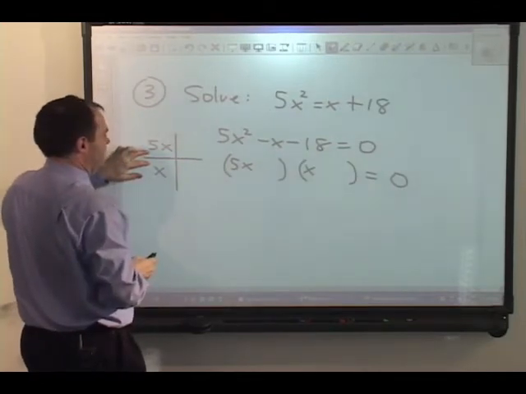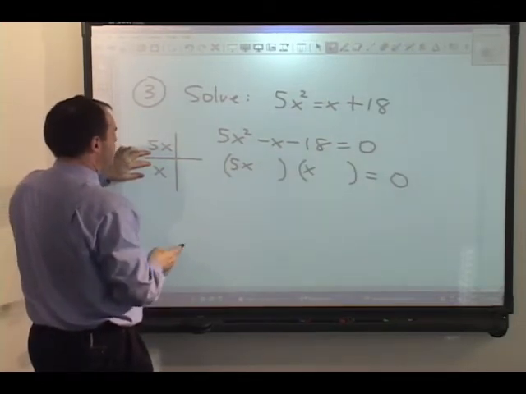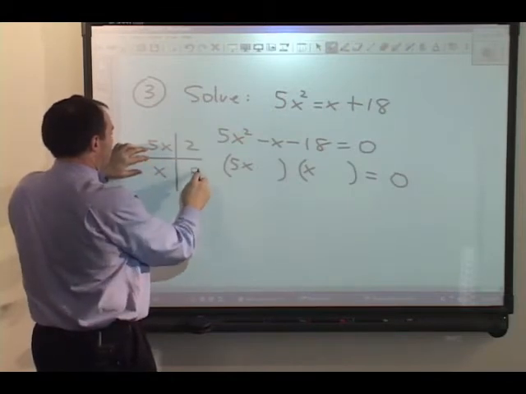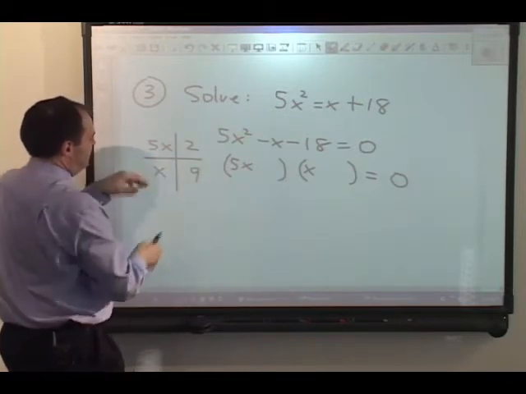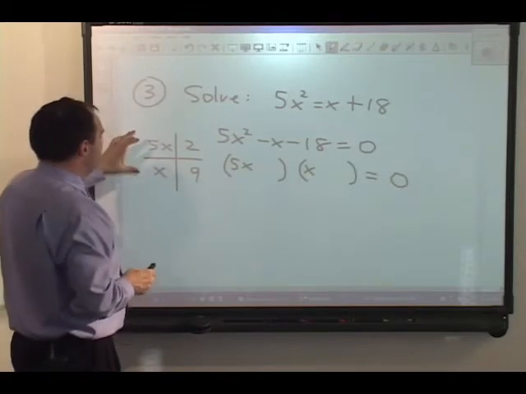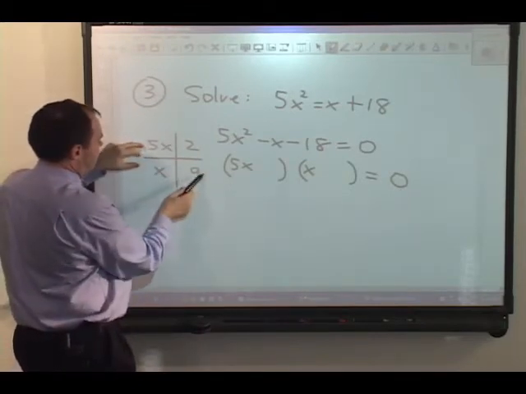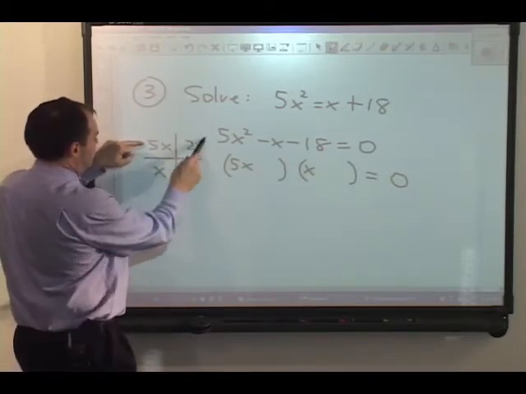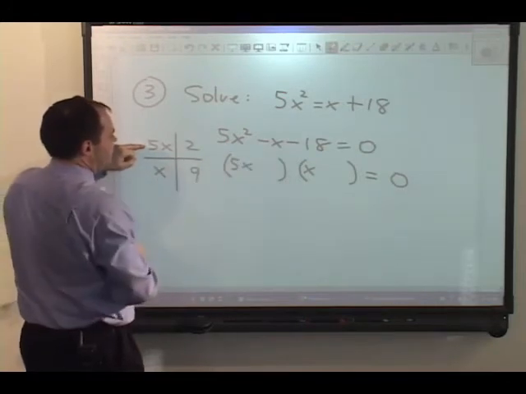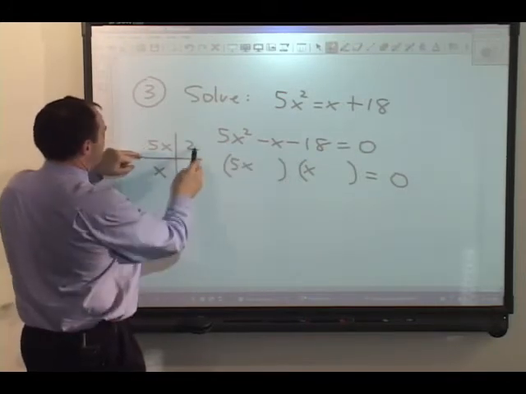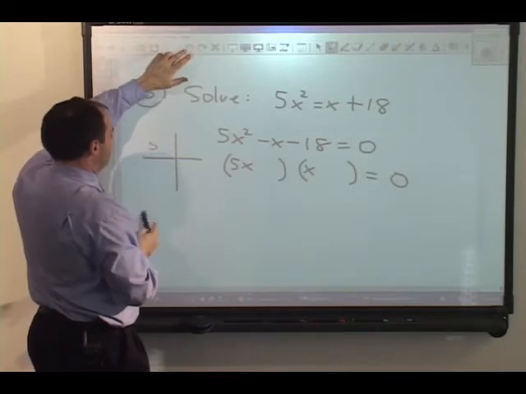And I need two numbers that multiply to 18. Whole bunch of possibilities. Let me try something like 2 and 9. Those of you familiar with the vertical method of multiplication can use this to try your answers out. This cross product is 45 and 2. That doesn't add or subtract to negative 1. So 2 and 9 do not work. Let's try something else.